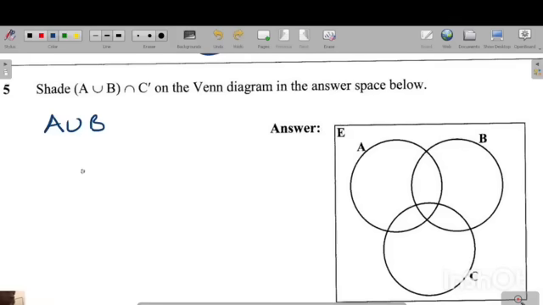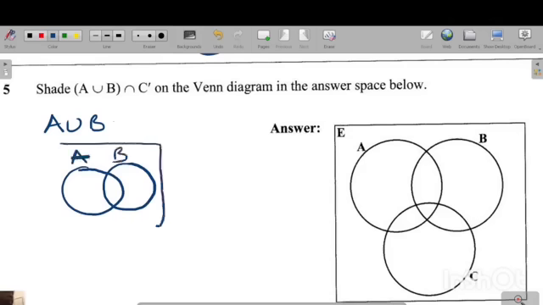If you have two sets like this, set A and set B. Okay? And you are told to shade A union B. A union B means everything that is forming the two sets combined together. Okay? So A union B will be this.